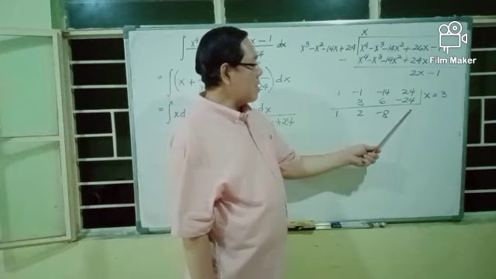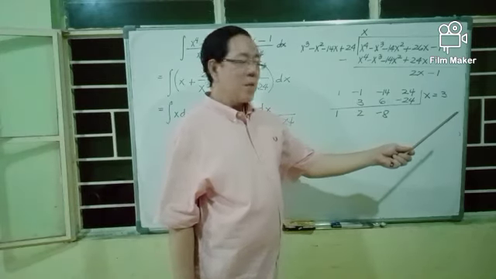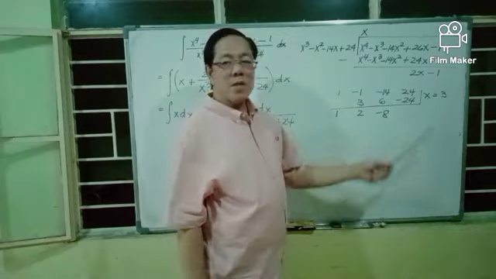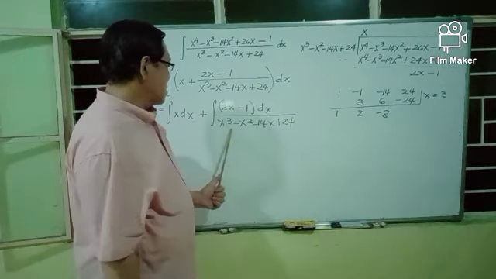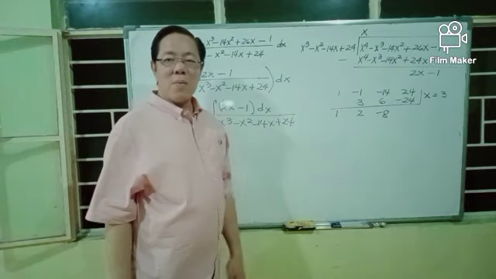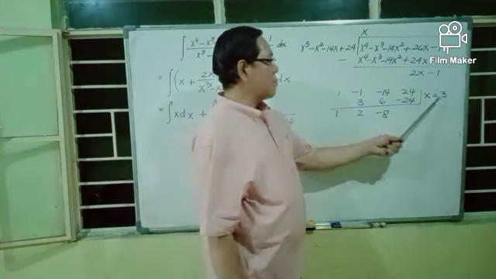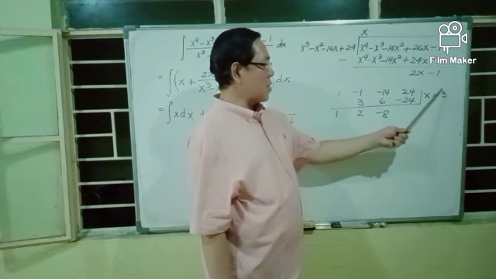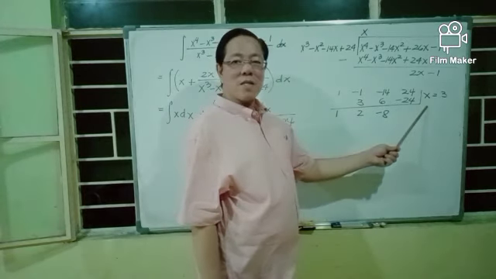Since we get 0 here, x equals 3 is a root. And for this root, the factor of this polynomial expression is x minus 3. You transpose 3 to the left hand side, you have x minus 3.